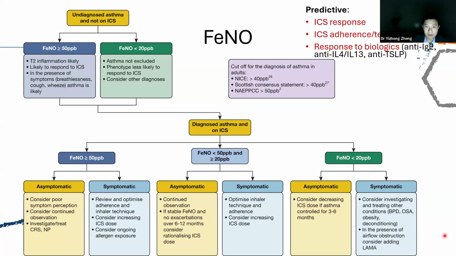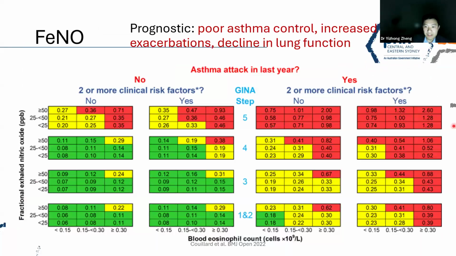It is also predictive of biological therapy. A lot of our biologics, particularly Dupilumab, the anti-IL-4 and IL-13 medication, being able to suppress FeNO is part of its positive outcome. FeNO can be used for prognostication, as seen in this table.